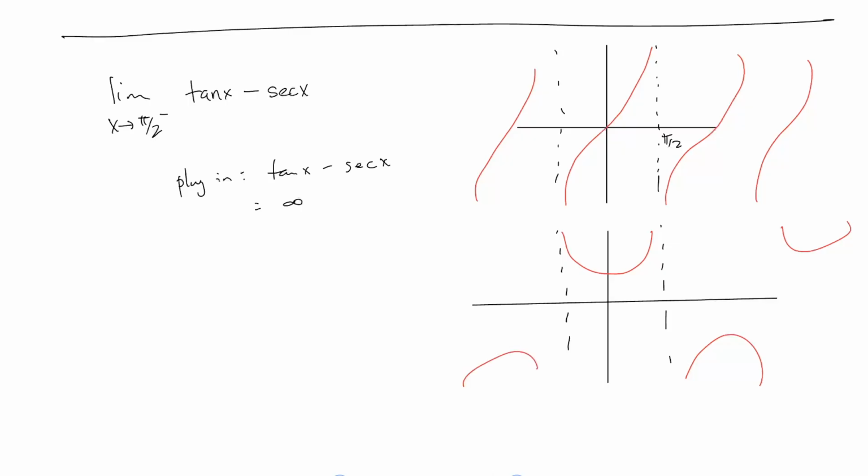This is the graph of secant. Very strange, but when x is approaching pi over 2, this one also gives you infinity, because near pi over 2 to the left, the value of the secant is going to infinity, all right? So anyway, you do get infinity minus infinity. This is an indeterminate form.